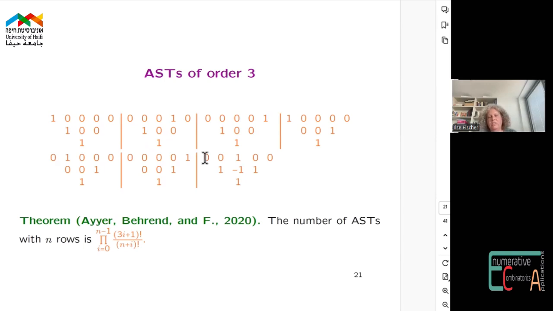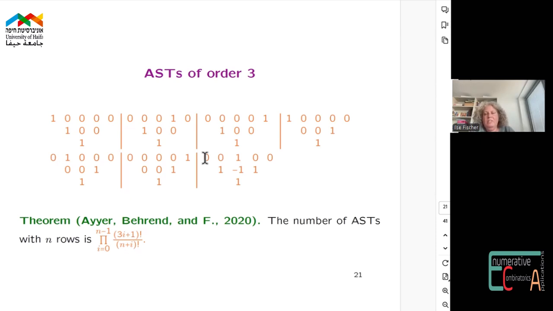So together with Arvind Iyer and Roger Behrendt, I showed that the number of alternating sign triangles with n rows is counted by the very same formula as alternating sign matrices. And the proof is not at all a bijective proof. It's again a horrible computation. And again, we have no bijection, so we don't know of any bijection.